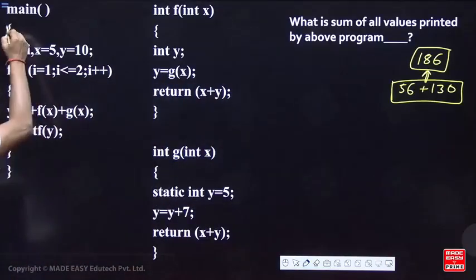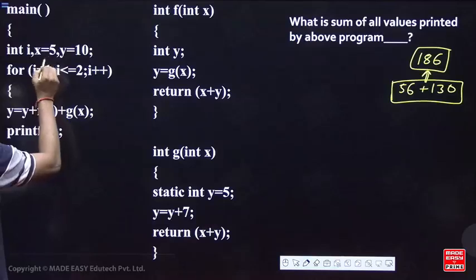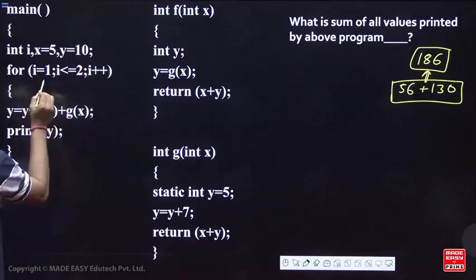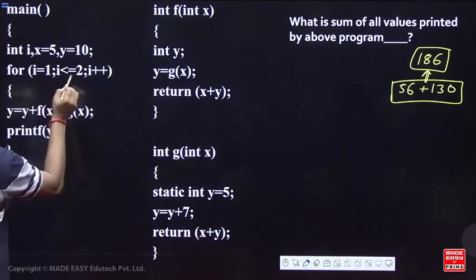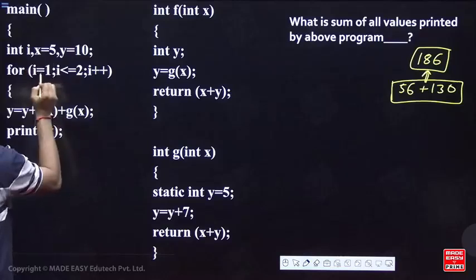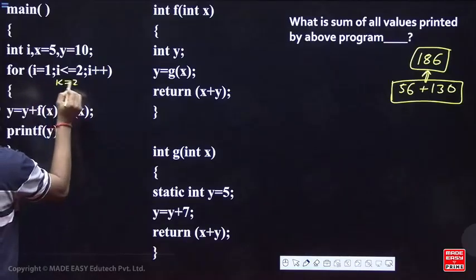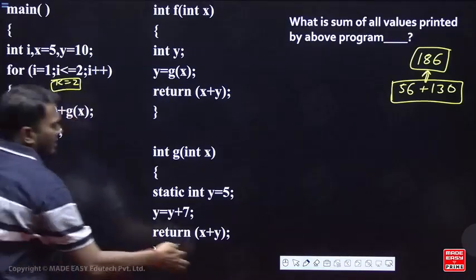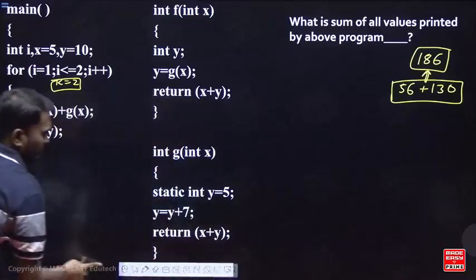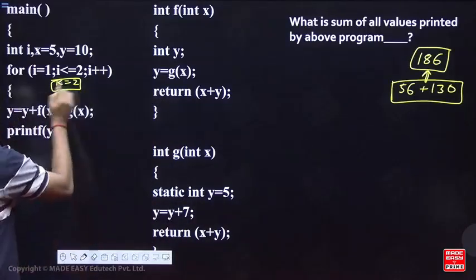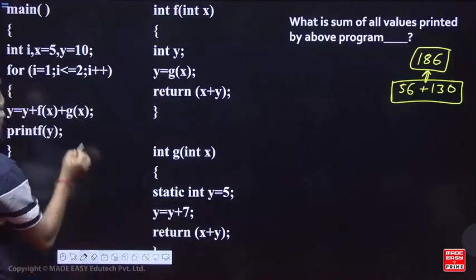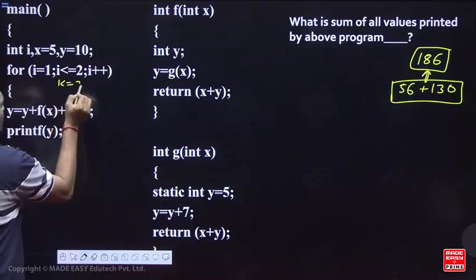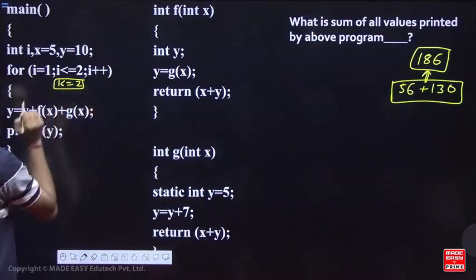Listen here. So main, integer i, x equal to 5 and y equal to 10. So i equal to 1, i less than or equal to 2. What is the i value? 1. So 1 less than or equal to 2, yes, that is true. So if that is correct, you go inside.